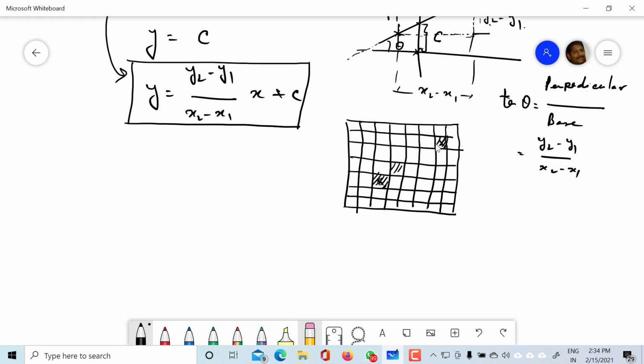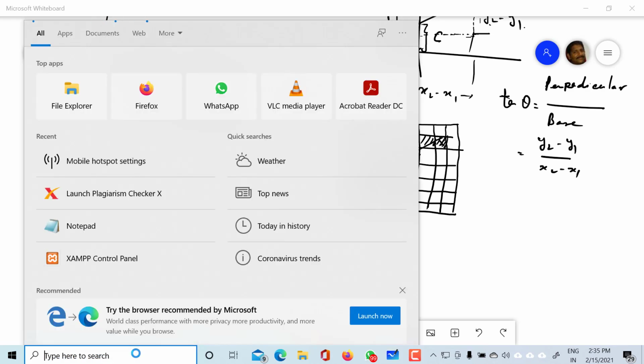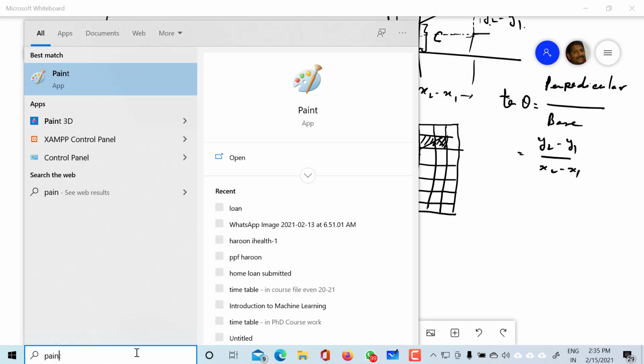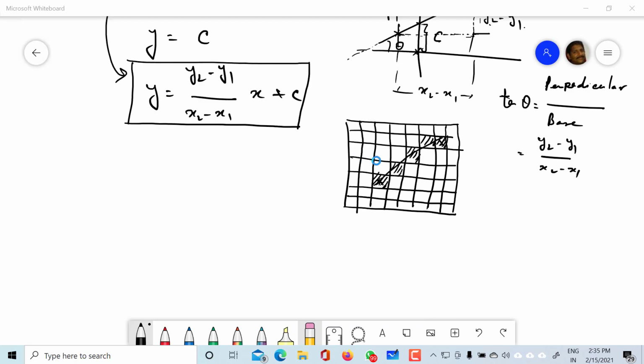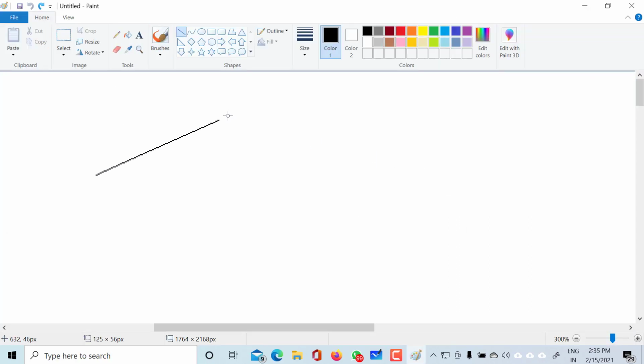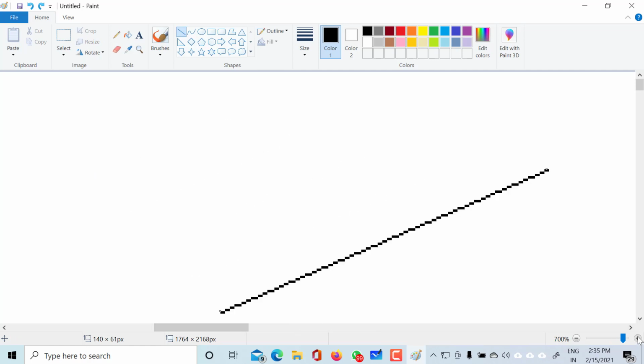So this pixel may be in the path of line, this pixel may be in the path of line, and thereby you can easily draw a line. Okay, this is like a line. I can show this thing in Paintbrush. So let us demonstrate this thing. This is a line. Now I am zooming to the maximum extent.